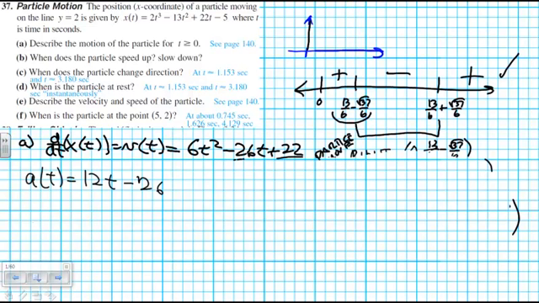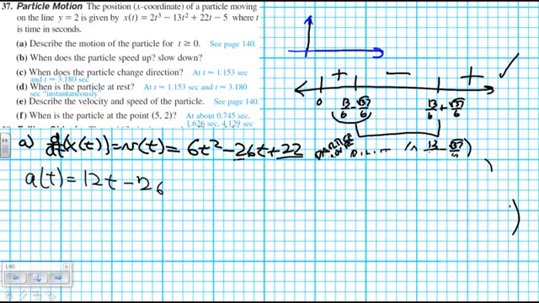Now, can you use a rule like when acceleration is positive, that's when it's speeding up? No, because in the situation where I throw this up in the air, acceleration is constant. Remember? Negative 32 feet per second squared or negative 9.8 meters per second squared. During this entire route, the acceleration is constant.